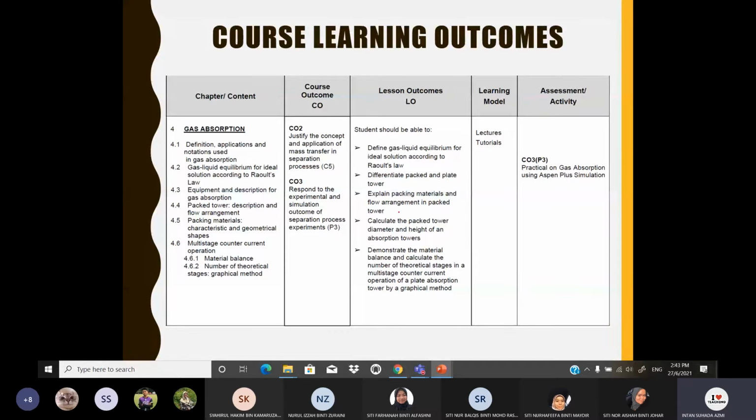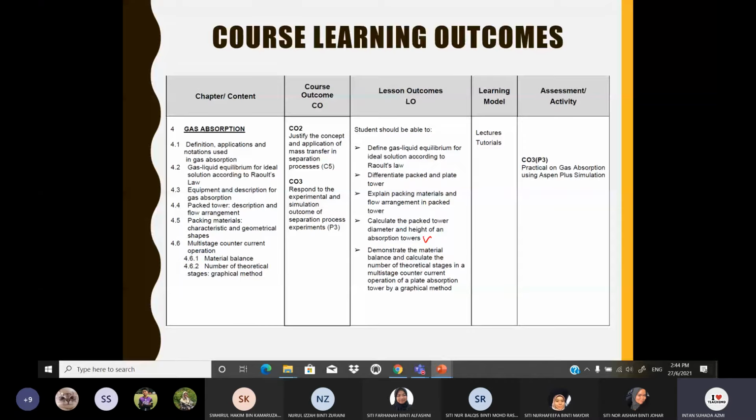Next is explain packing material and flow arrangement in packed tower. Next, calculate packed tower diameter and height of an absorption tower. The last one, you should be able to demonstrate the material balance and calculate the number of theoretical stages in a multi-stage counter-current operation.